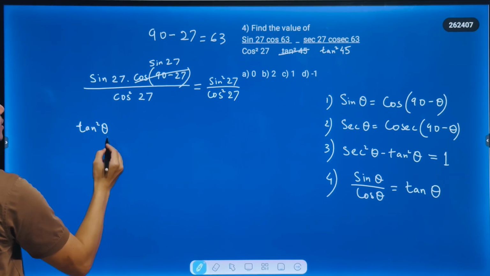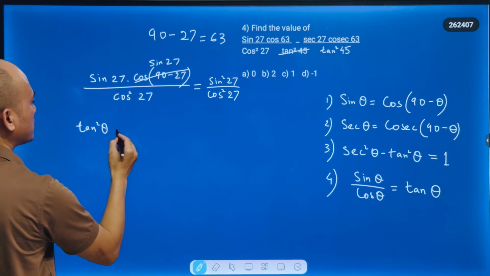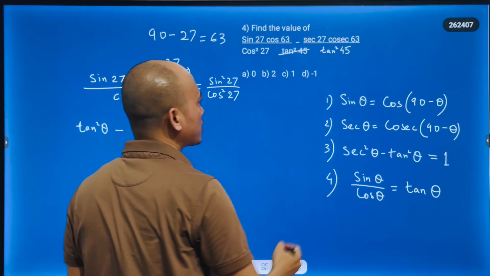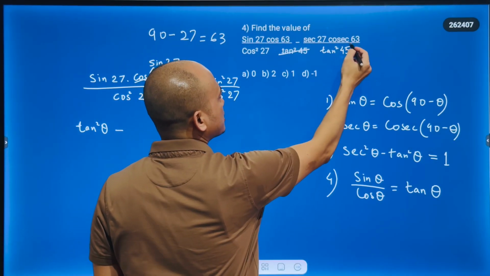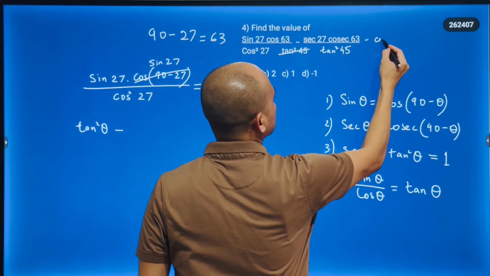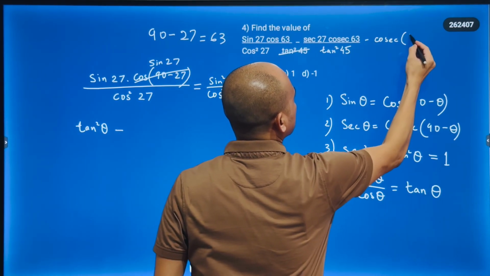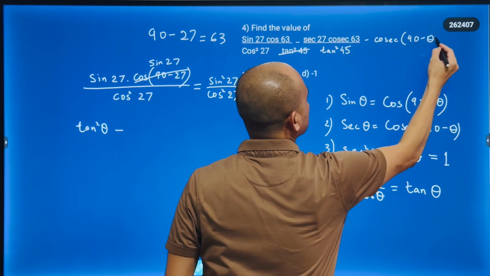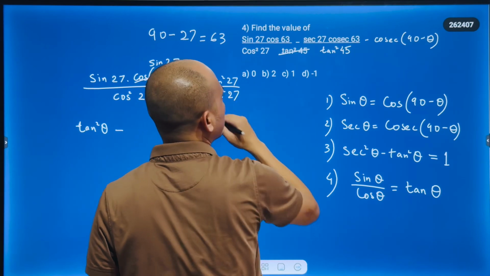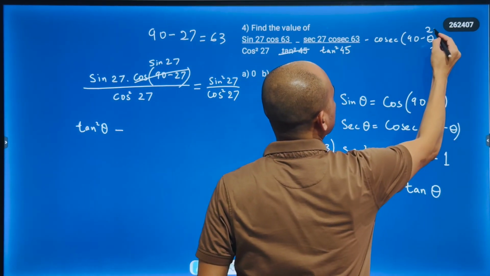Tan square theta minus, then this part cosec 63. We can write 63 as 90 minus theta, so this becomes cosec 90 minus theta. Theta here is 27.